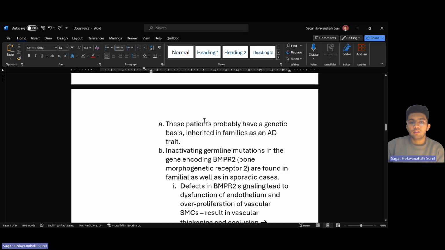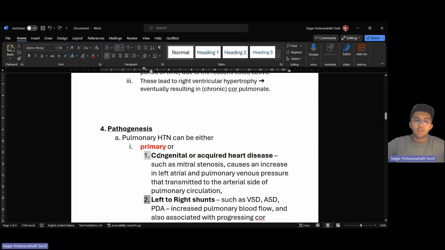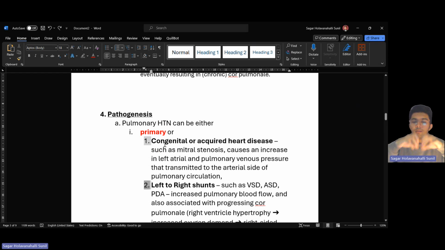Okay. So the reason why this is primary is because it's primarily involving the pulmonary vasculature, right? Or let's say it's going to have a direct effect on the pulmonary vasculature.